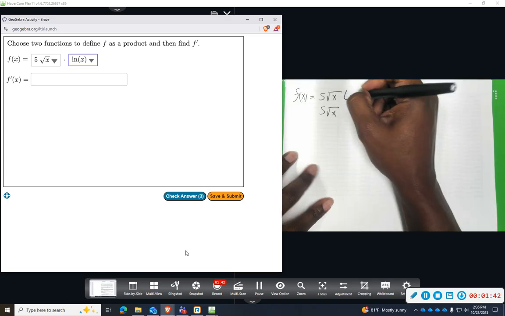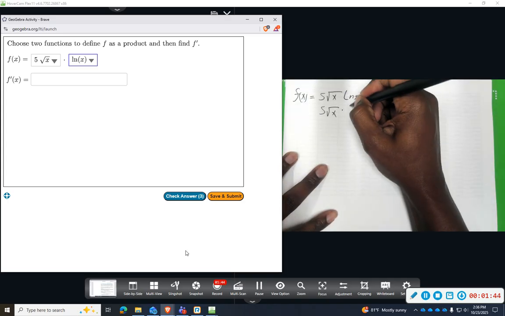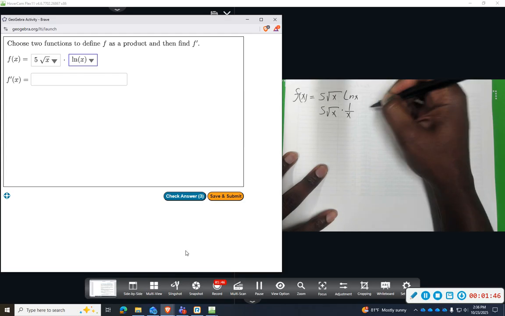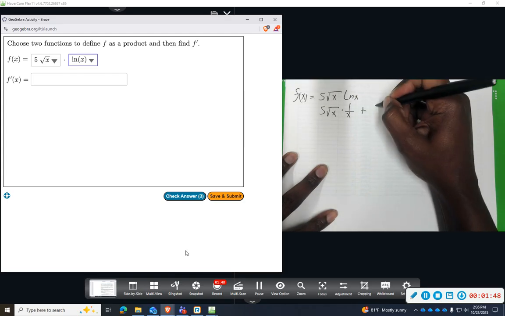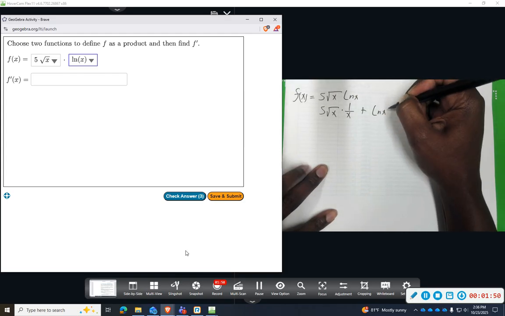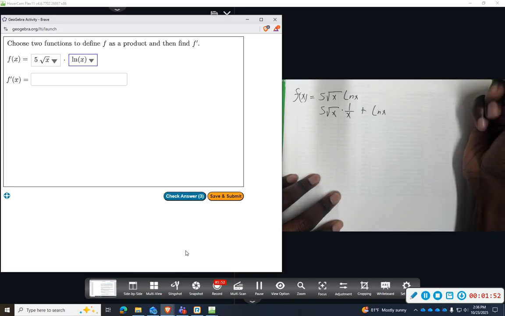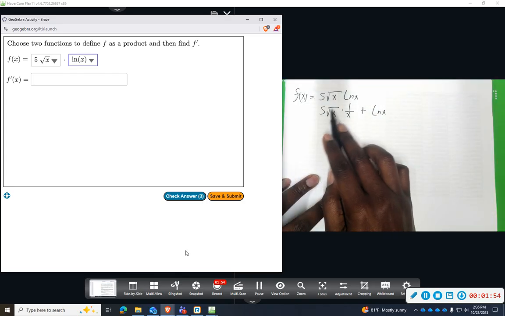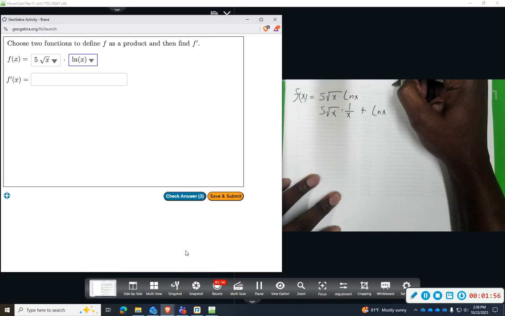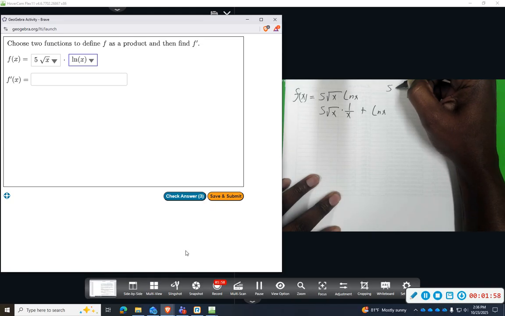So first times the derivative of the second, this is going to be times 1 divided by x, plus the second function, which is ln of x, times the derivative of the first. Alright, so we're going to rewrite the 5 times the square root of x as 5 times x raised to the 1/2 power.